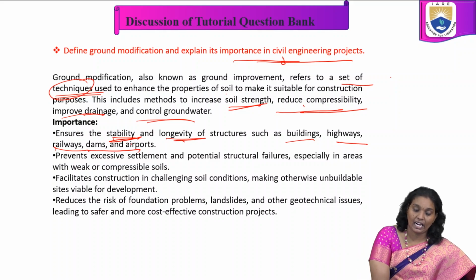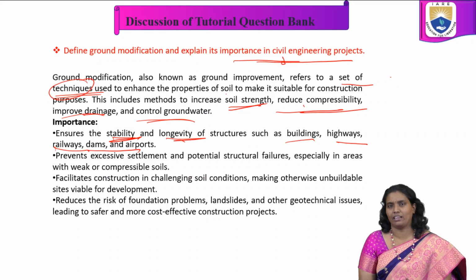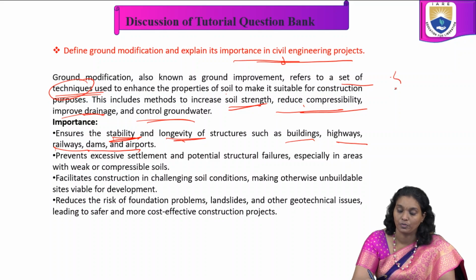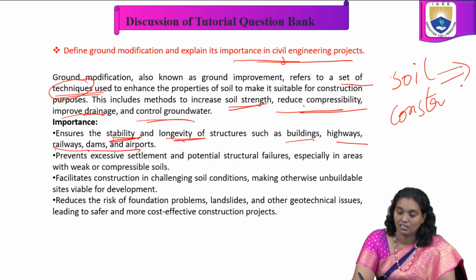So stability and longevity, and also strength and settlement, there are many in terms of the soil point of view. In terms of construction, which soil property is going to be improved or modified.